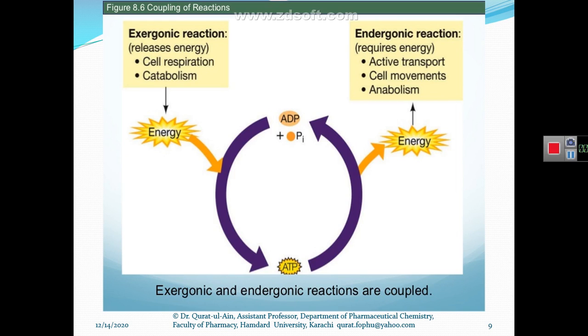Whenever monomeric molecules transfer from lower concentration to higher concentration, we say this transport is an active transport, because it requires energy, and the energy used to transport the molecule is in the form of ATP.